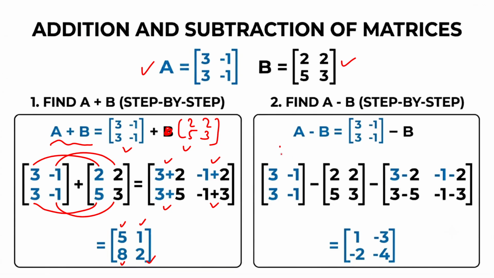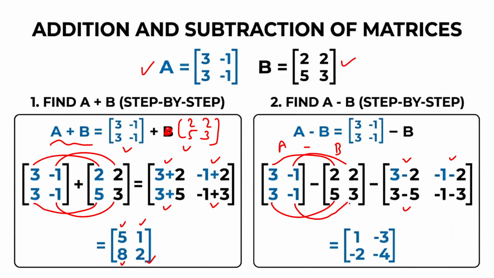Similarly for A minus B, this one is your A matrix minus this is B matrix. Again subtract the first element from the first element of B matrix, means 3 minus 2. Then the second element of A matrix minus the second element of B matrix, means minus 1 minus 2. Then the third element of A and third element of B, that is 3 minus 5.